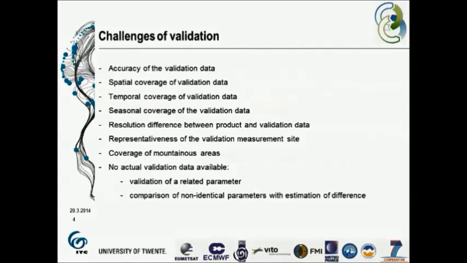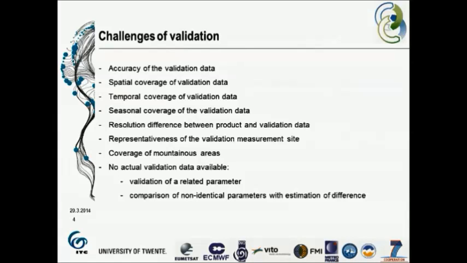So first is the accuracy of the validation data that we have to think about. Our validation will never be better than the accuracy of the in situ data we are using, or whatever data we are using, whether it's in situ or something else. So that's the best accuracy of the validation, not necessarily the product accuracy, but the validation accuracy.